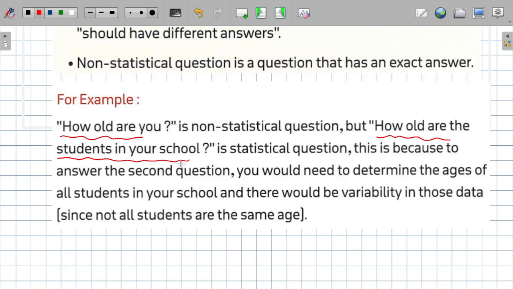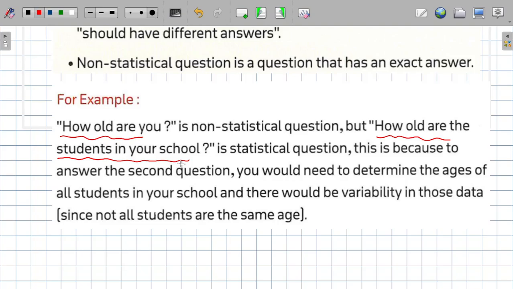Because I have only one answer, because I asked one person. The second question, how old are the students in your class, is a statistical question because it needs us to determine the ages of all students in the school, and there would be variability in those data.